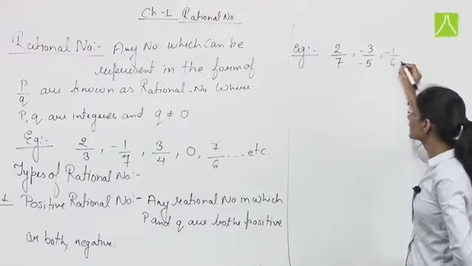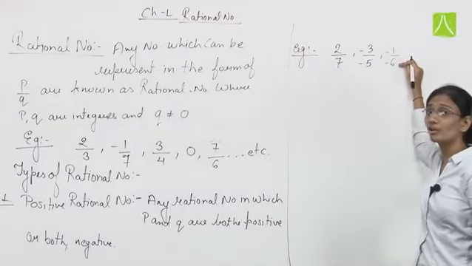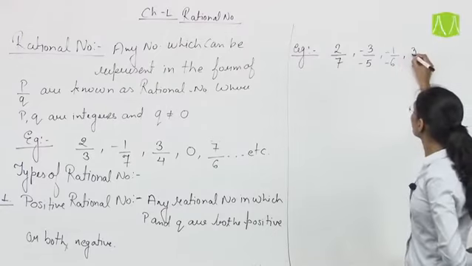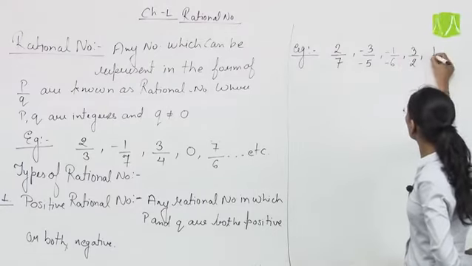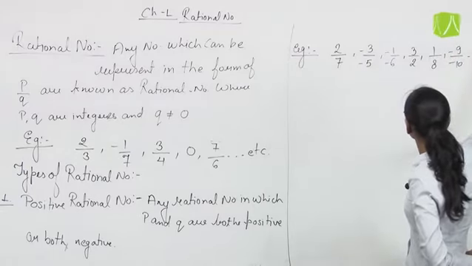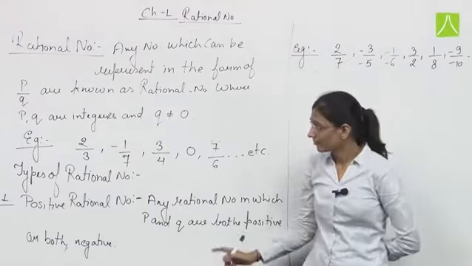Minus 1 upon minus 6, again both are negative, positive rational number. 3 by 2, 1 by 8, minus 9 upon minus 10, etc. are the examples.